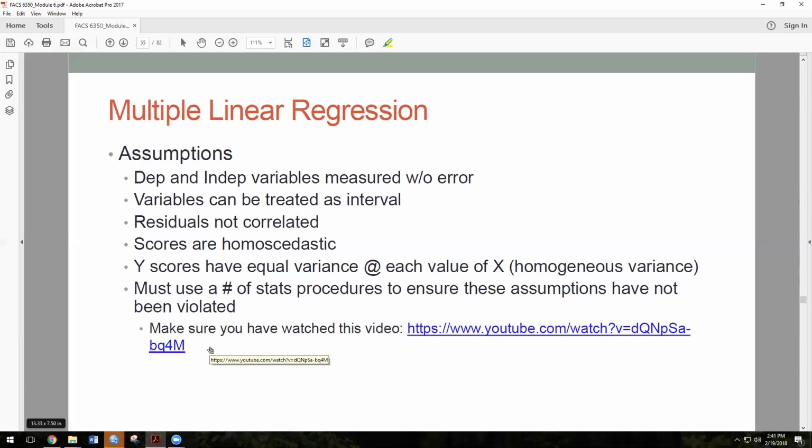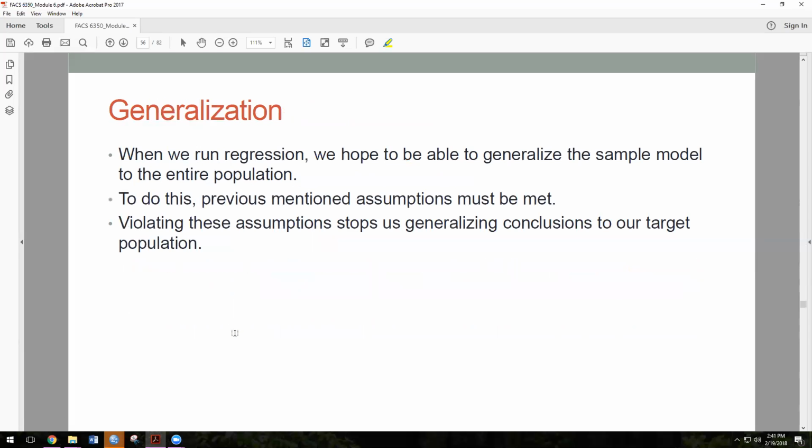You have to make sure that your residuals are not correlated, your scores need to be homoscedastic, and you need to have equal variance at each value of X, so a homogeneous variance. And you also will use a number of different procedures to ensure that your assumptions aren't violated. So you'll do your normal assumption testing and also look for multicollinearity.